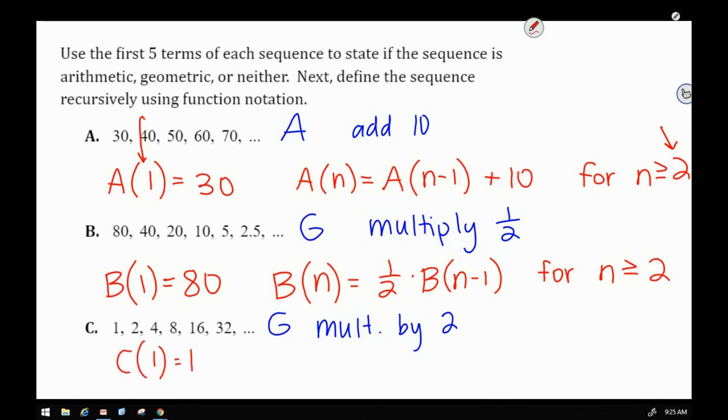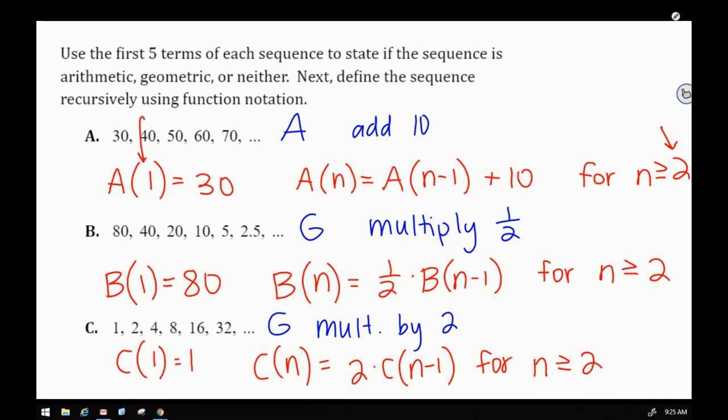C of 1 is 1. To get any new term, I multiply the 1 before it by 2, so 2 times C of n minus 1, for n greater than or equal to, I started with 1 over there, so this will be 2.